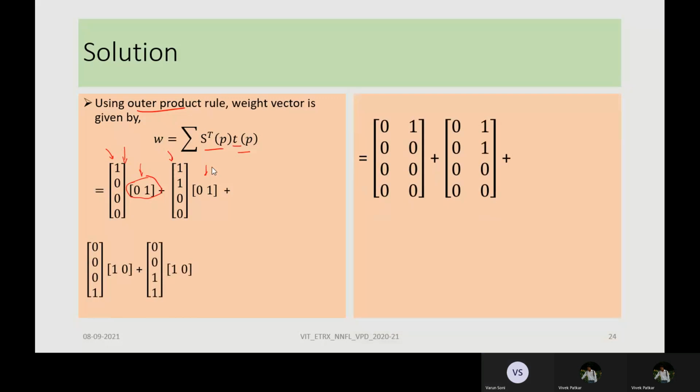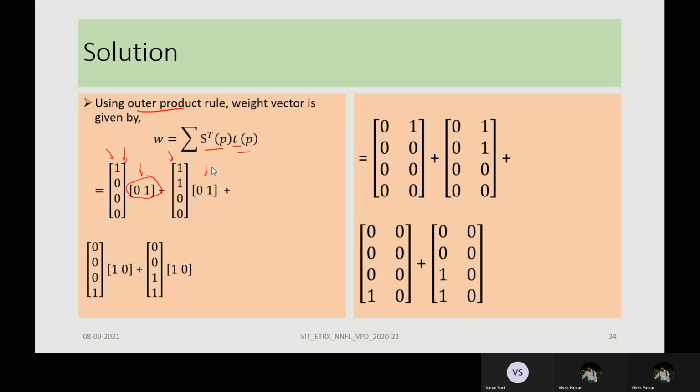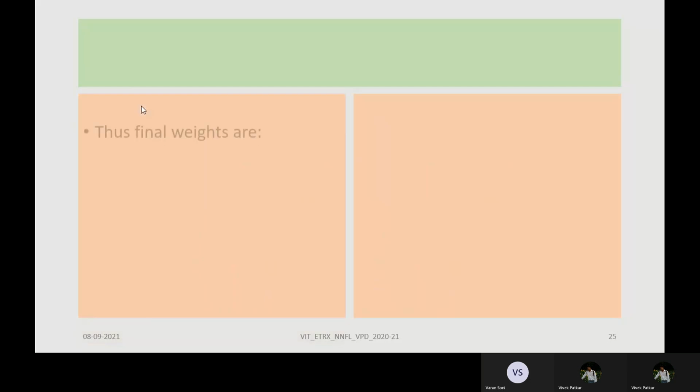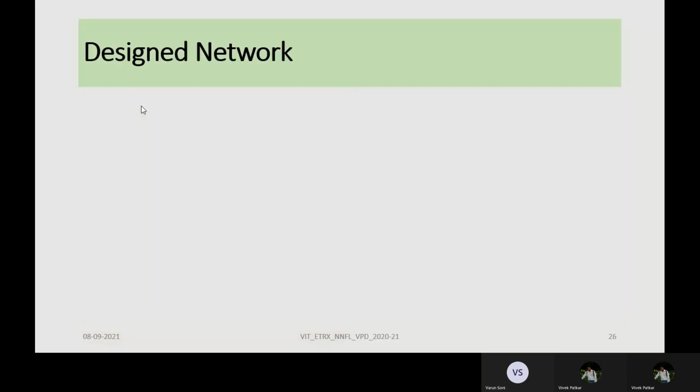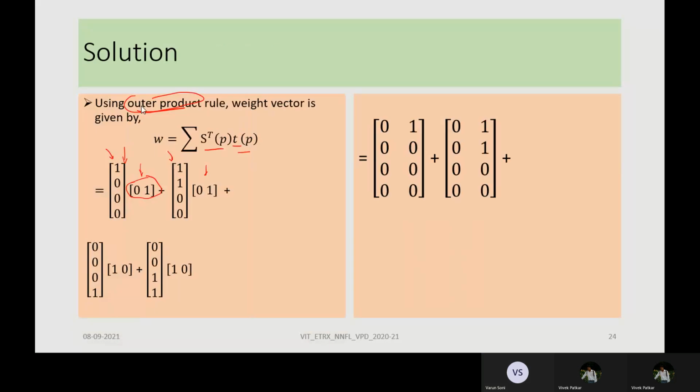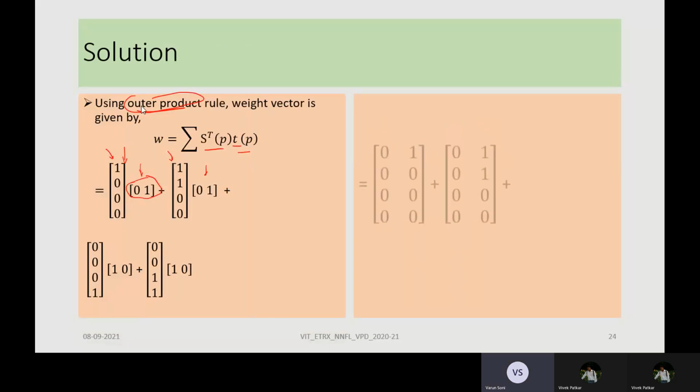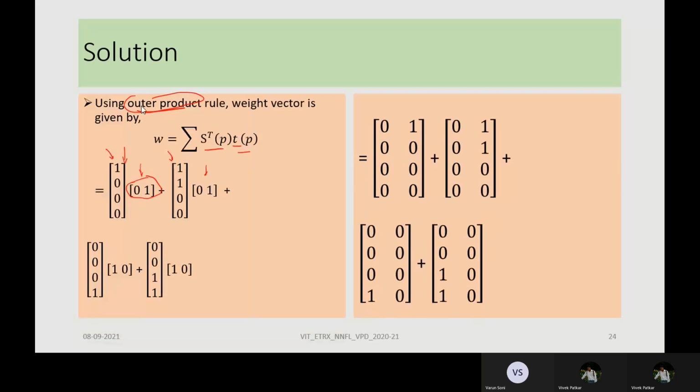That's why I told you Hebb's rule is a bit lengthier to solve. But if in the exam you are not told what to use, you can directly go for outer product. Got it? Yes, sir. You multiply this and you will get the final weight. It is as simple as this, right? Yes, sir. You can try without looking at the screen.